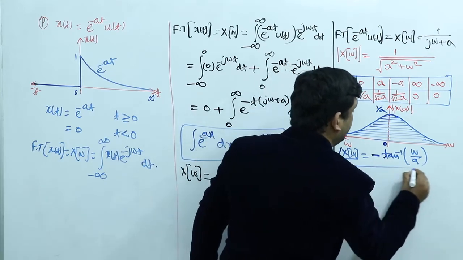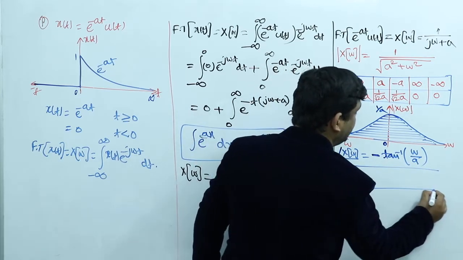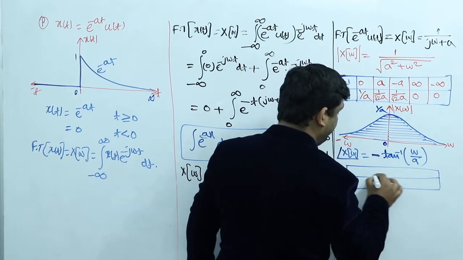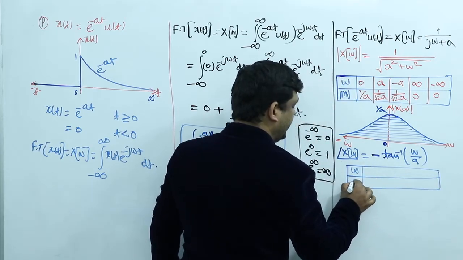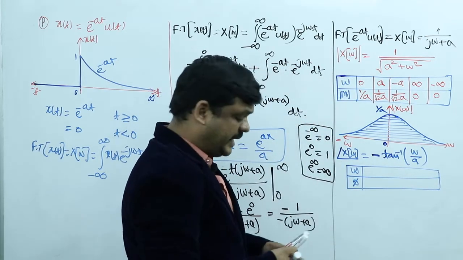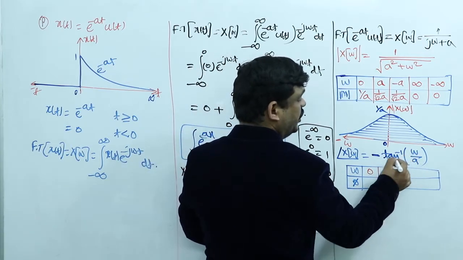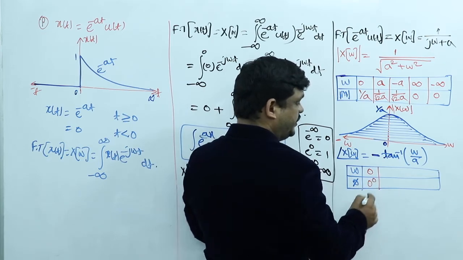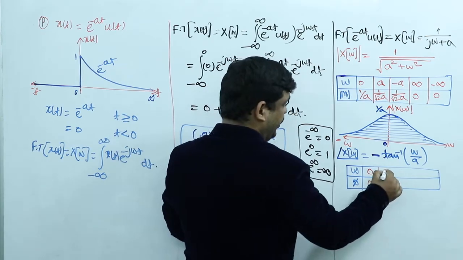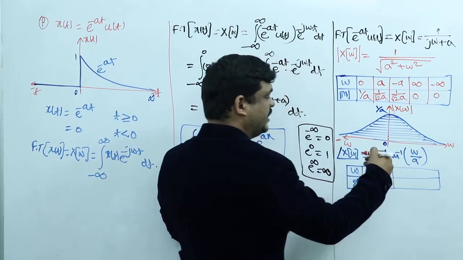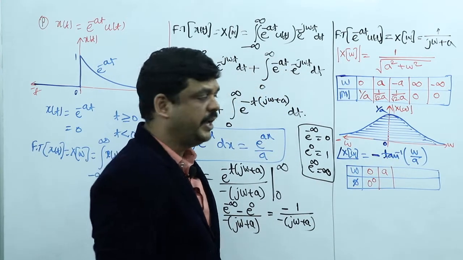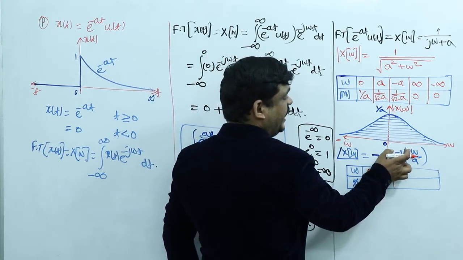Then prepare one more table here: frequency and phase. Let us take frequency 0. Tan inverse of 0 becomes 0 degrees. For easy calculation, I am taking standard values of A. If frequency is A, then A by A is 1.